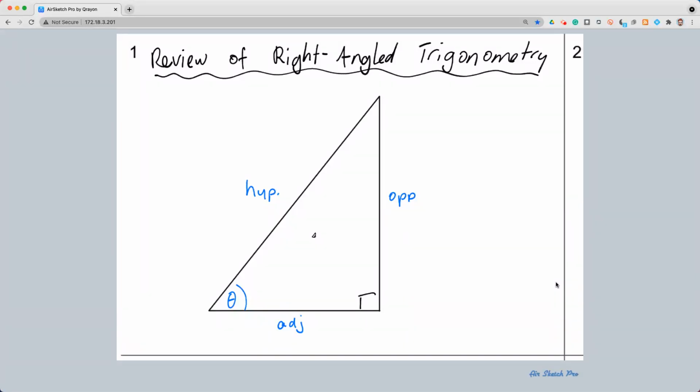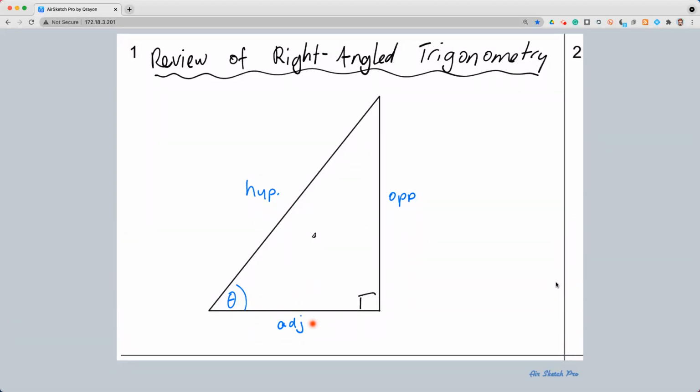Now, what we do then is, based upon where theta is, we define the sides of the right angle triangle as follows. The one that's opposite the angle, we just denote as opposite. The longest side of the right angle triangle, the side opposite the right angle, is the hypotenuse, just to remind you, not the hippopotamus, but the hypotenuse.